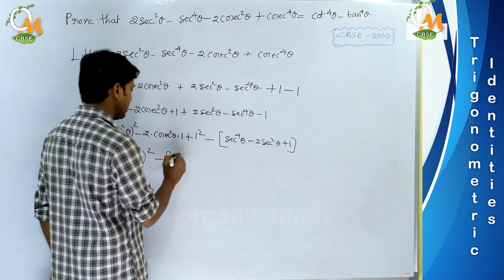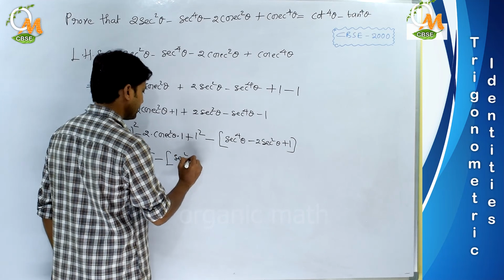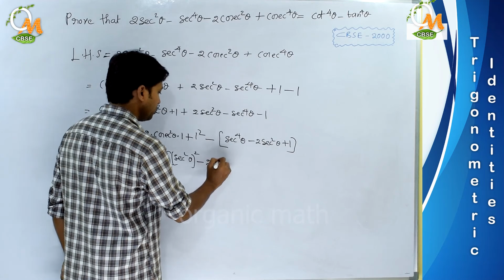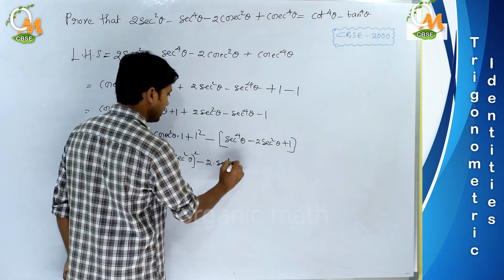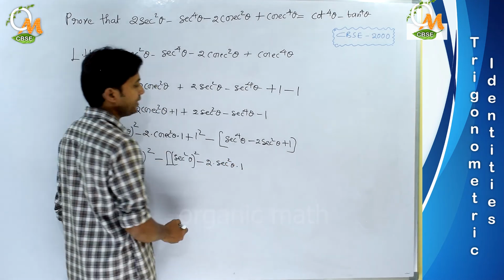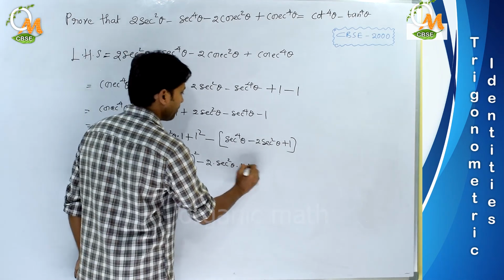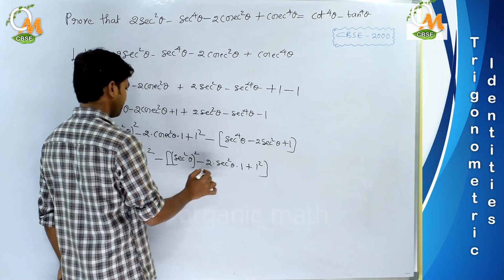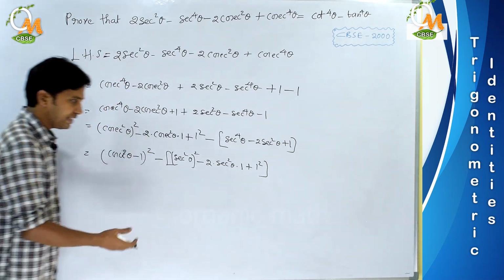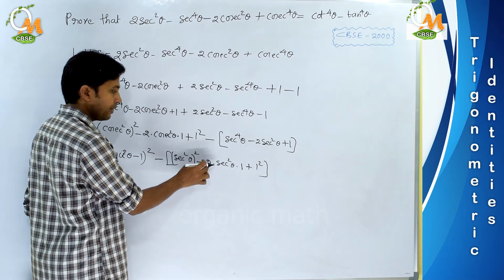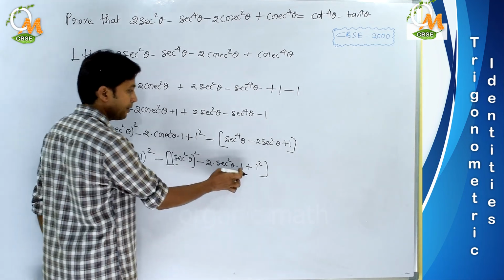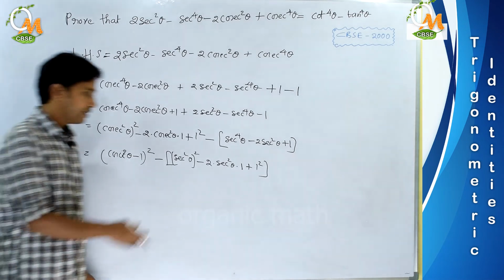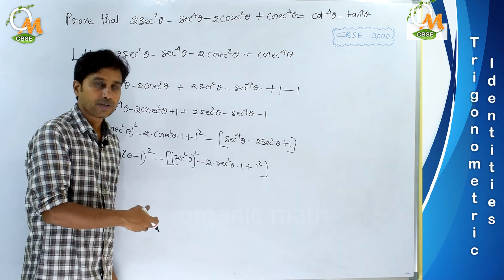Minus of. Again adjust here also the same. This can be further written as secant square theta whole square minus 2 into secant square theta into 1, plus 1 expressed as 1 square. Again this is in the form of A square minus 2AB plus B square, the expansion of (A − B) whole square.